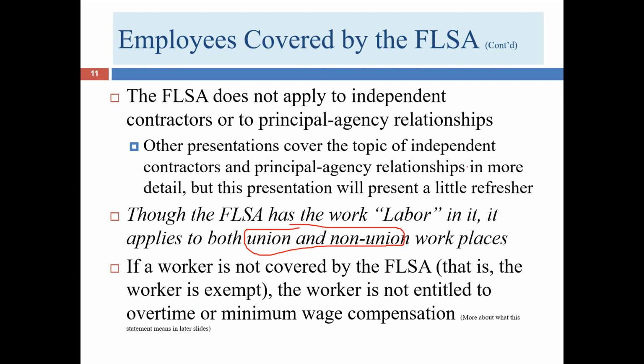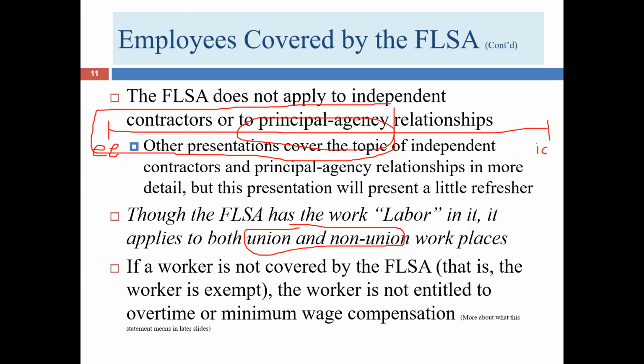If you think about it as a continuum, here's somebody who's clearly an employee over here, and here's somebody who's clearly an independent contractor over here. And then in this area, we've got gray area. Well, most employers are going to say, if we're in the gray area, we're going to treat the person as if he is an employee. It's only when we're really not in the gray area where we're going to consider the person an independent contractor.